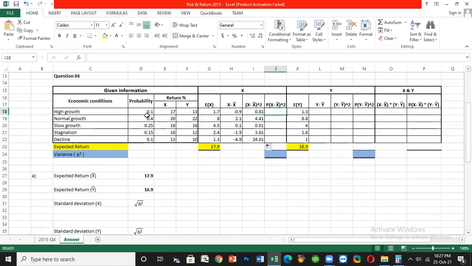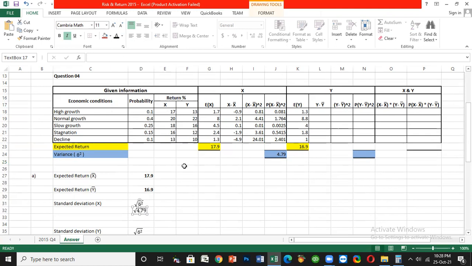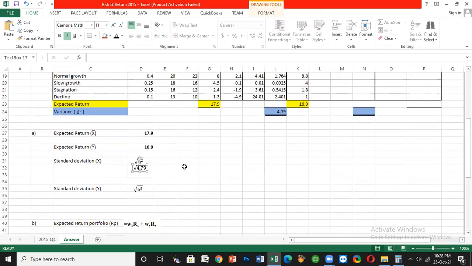The third step is probability multiplied by X minus X bar squared. These are the values of probability multiplied by X minus X bar squared. Then the sum of these values is the variance of X. So the variance of X is 4.79.